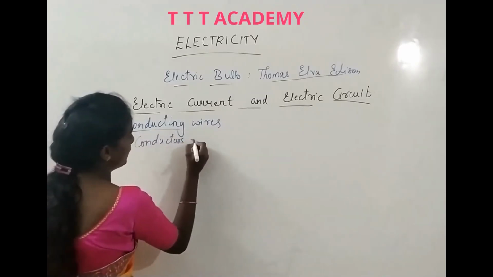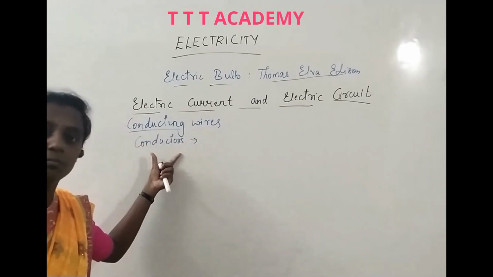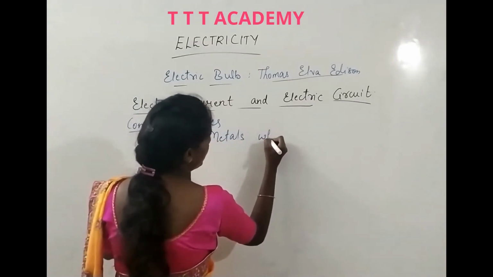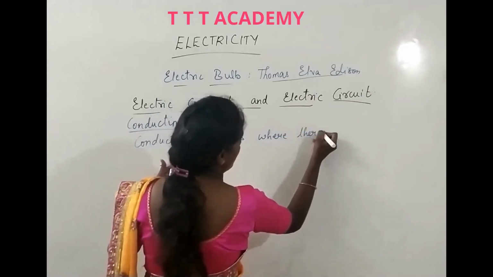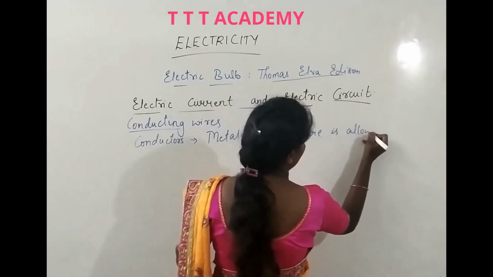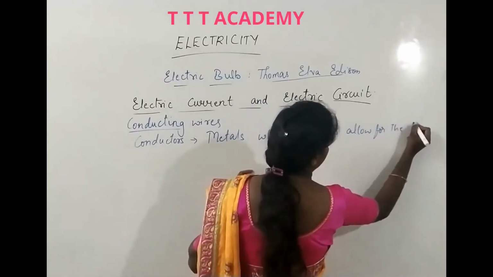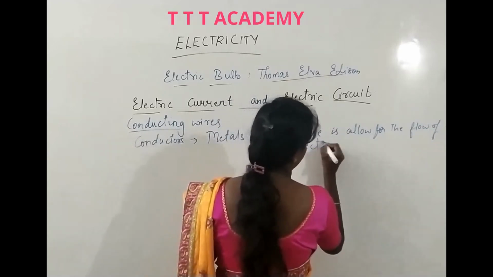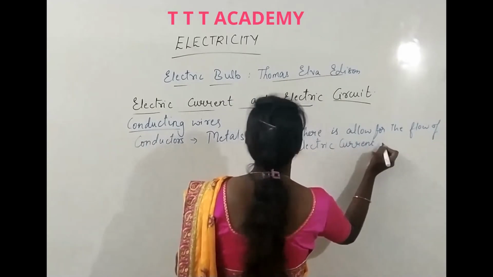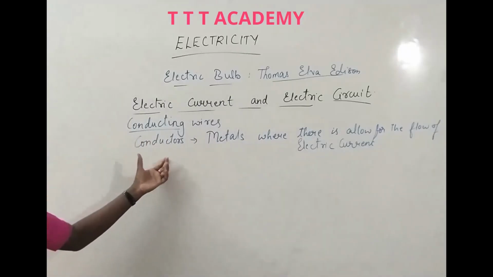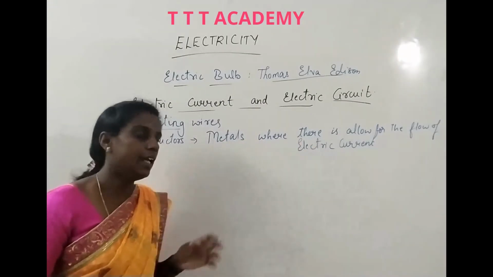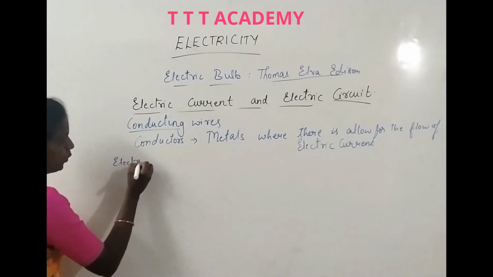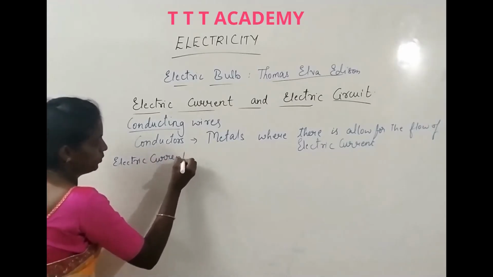So conductors are the metals which allow for the flow of electric current. Okay, so electric current is going to flow in a circuit.